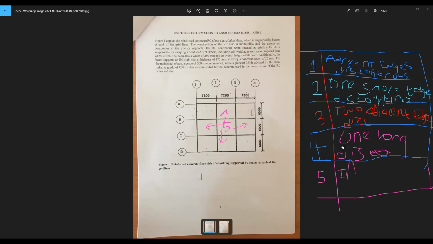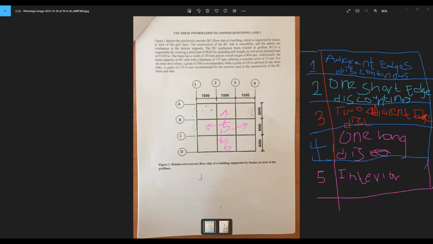Okay, so let's continue. Let's go to slide 6. And this one, maybe I would leave it to you.